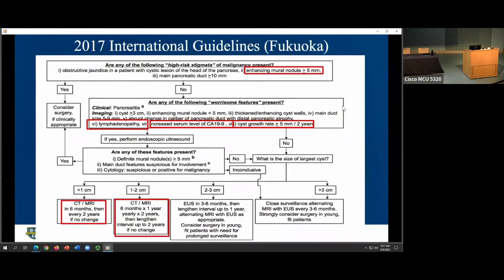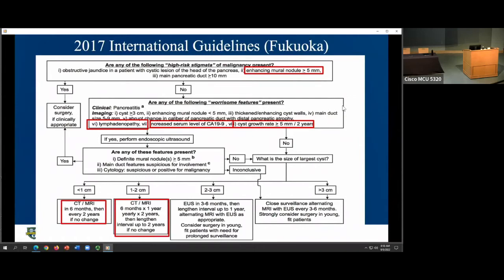And in addition to the 2012 guidelines worrisome features, what was added was presence of lymphadenopathy, increased serum CA19-9 levels, and cyst growth rate of greater than 5 millimeters per year. Since there are some studies reporting that if the cyst is growing at a rapid rate, then the risk of malignancy could be higher.